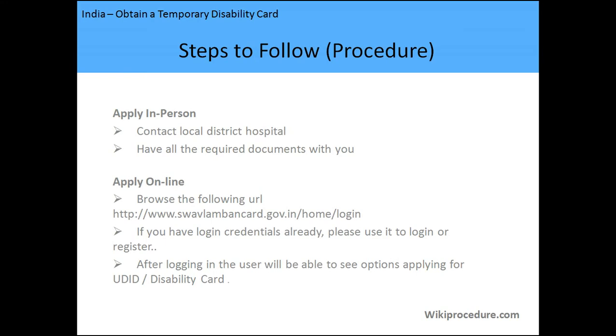I would also recommend you call them before you reach there, because if they require more documents or information, it's good to carry it with you, because it saves you the hassle of going around. So just try to contact them before you reach there. It saves you time.